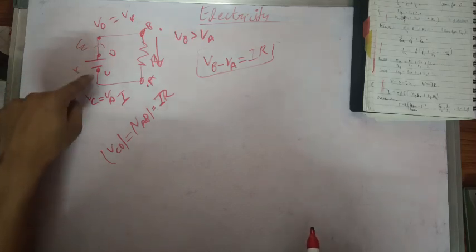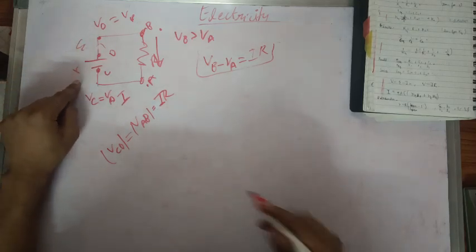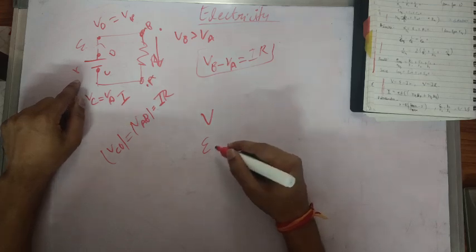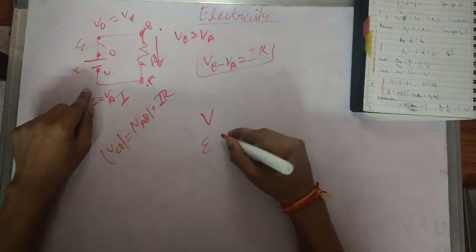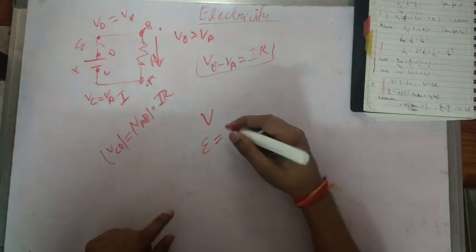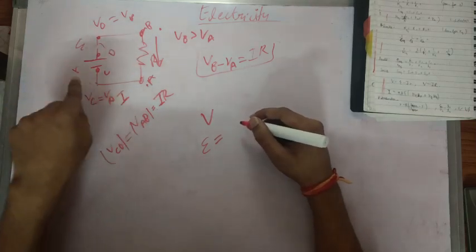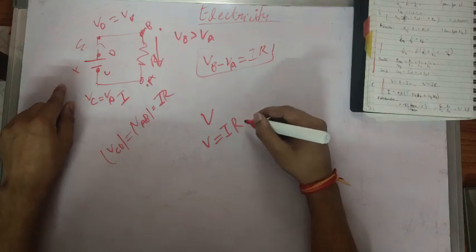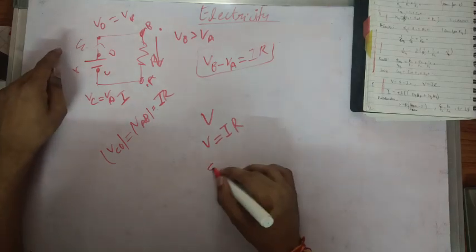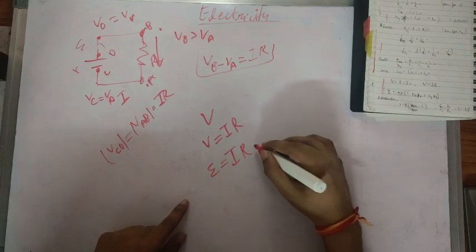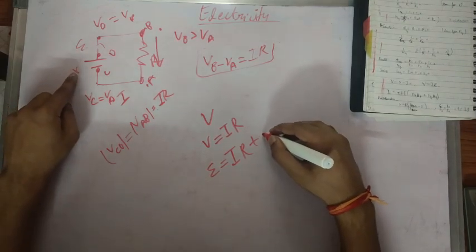And since the potential difference across this cell is V and the EMF of the cell is E, in actual this E is equal to the total. We can say V is equal to IR, and this EMF is equal to this IR plus this rI.